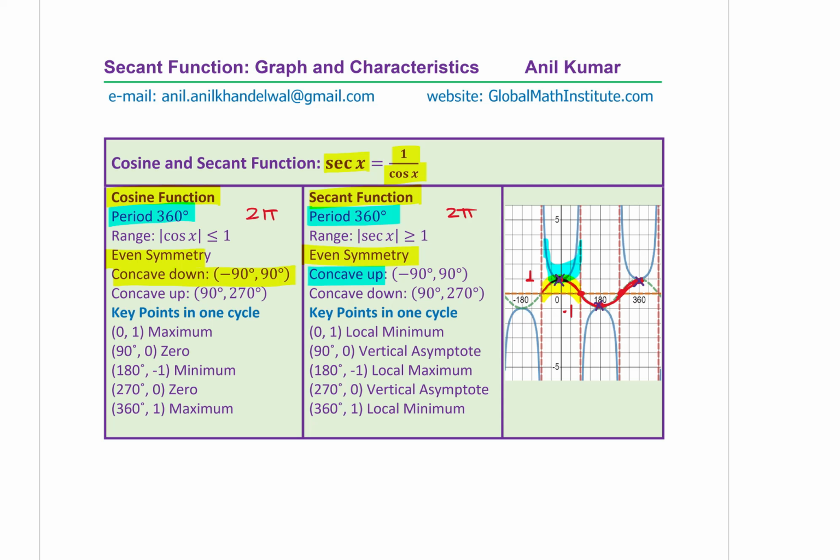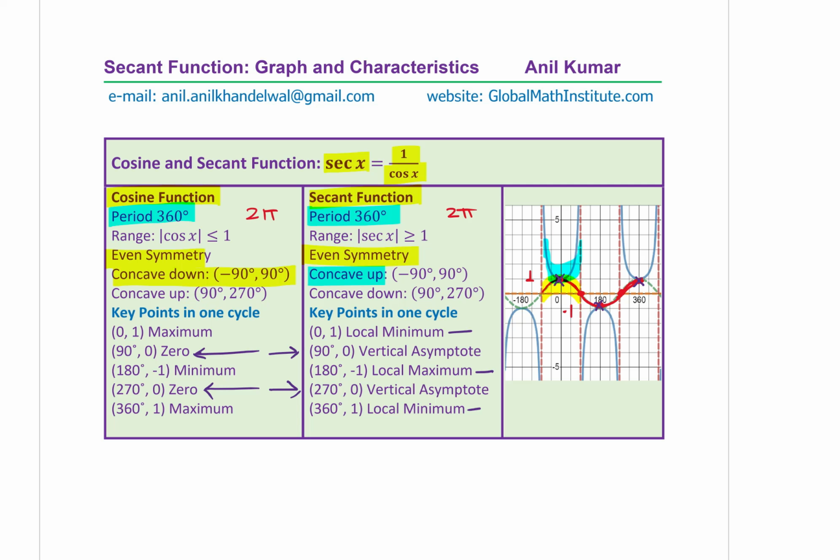So we say that the local maximum and the local minimum, they are invariant, they're common to both cosine and the secant functions. On the other hand, we see that the zeros on the cosine function will be the vertical asymptotes on the secant functions, right?